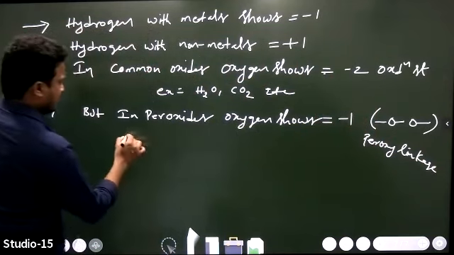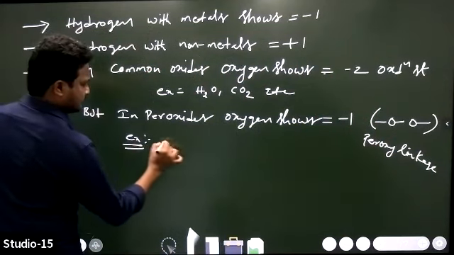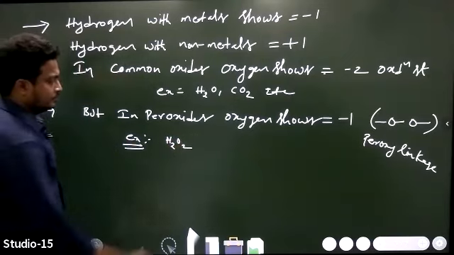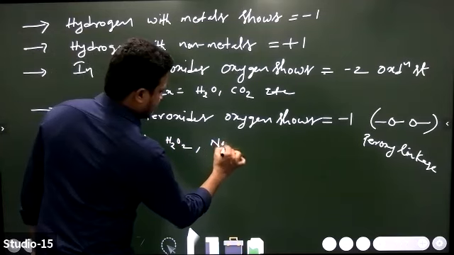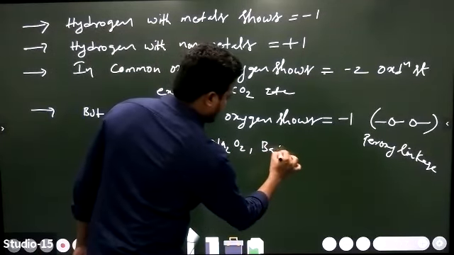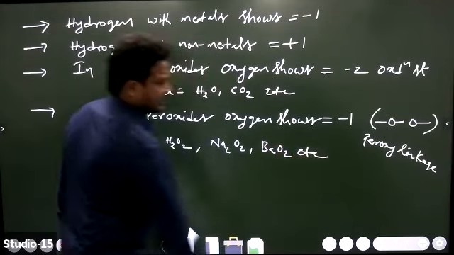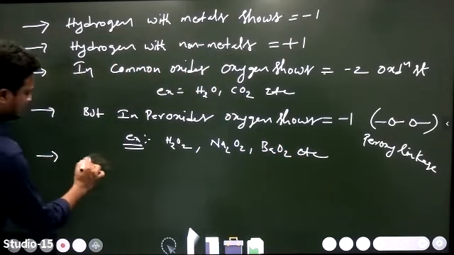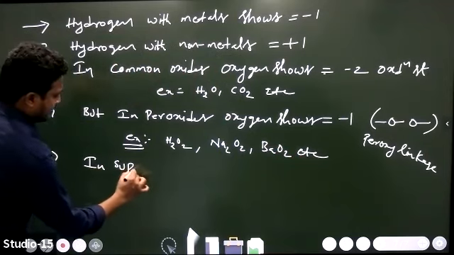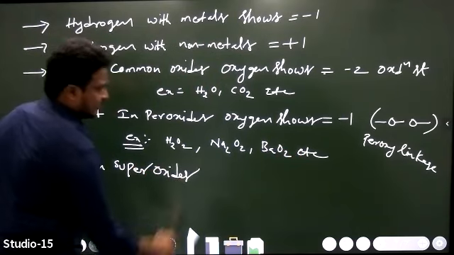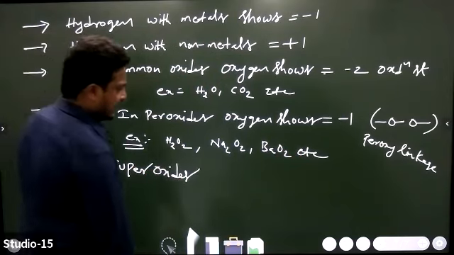Examples of peroxides: hydrogen peroxide, best example, H2O2, sodium peroxide, Na2O2, barium peroxide, BaO2, etc. Next one, in superoxides, oxygen shows -1/2 oxidation state.